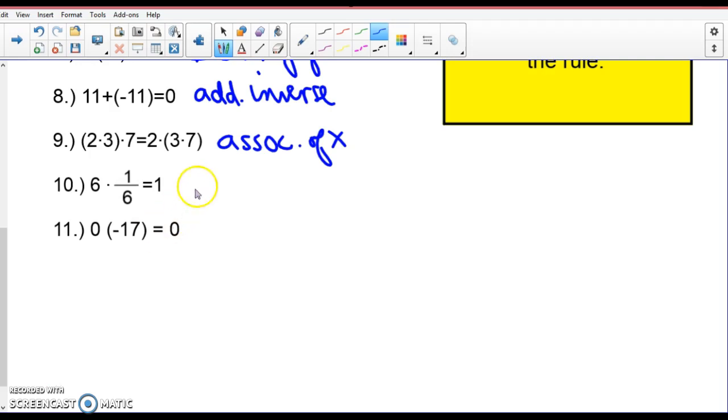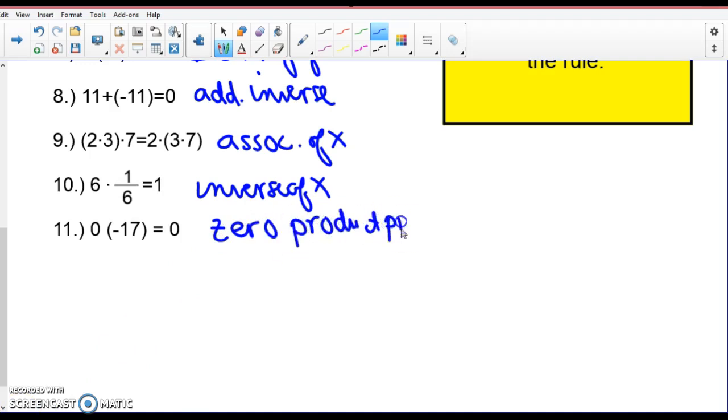Yep, inverse of multiplication. And what about this last one? 0 times negative 17 equals 0. What is that one, Justin? Zero product.